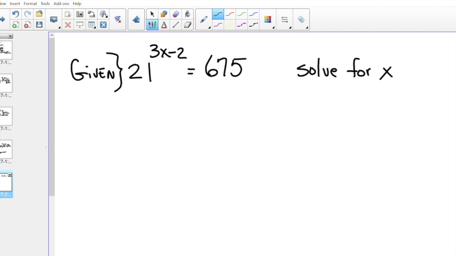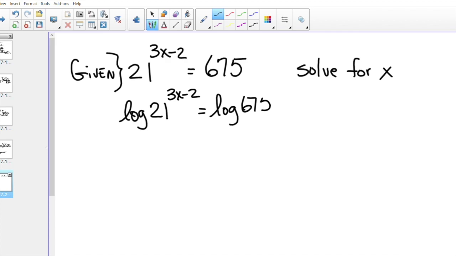Well, to do this, we're going to use Mr. Napier's logarithms. You would write the log of 21 raised to the power of 3x minus 2 and log of 675.